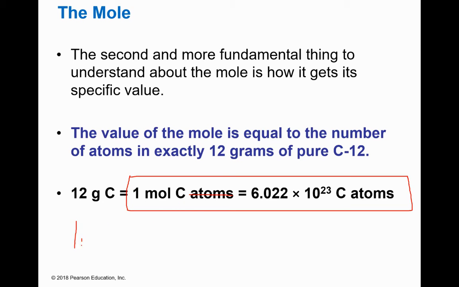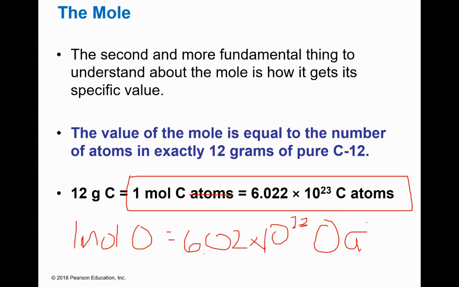If I have 1 mole of oxygen, then I have 6.02 times 10 to the 23rd oxygen atoms. Okay. So using Avogadro's number, it will allow us to give a quantity to a mole of whatever type of element or atom that we have.